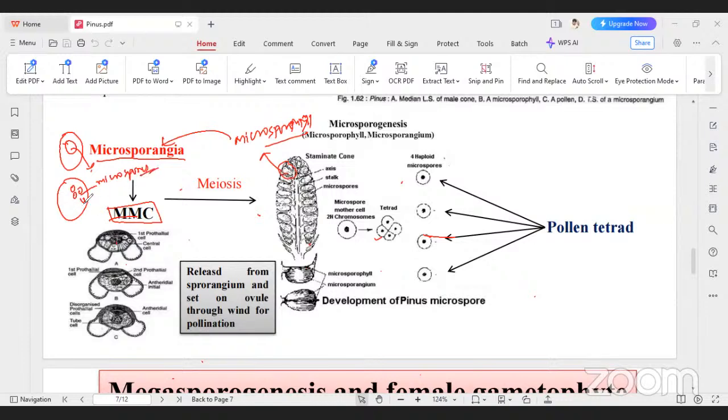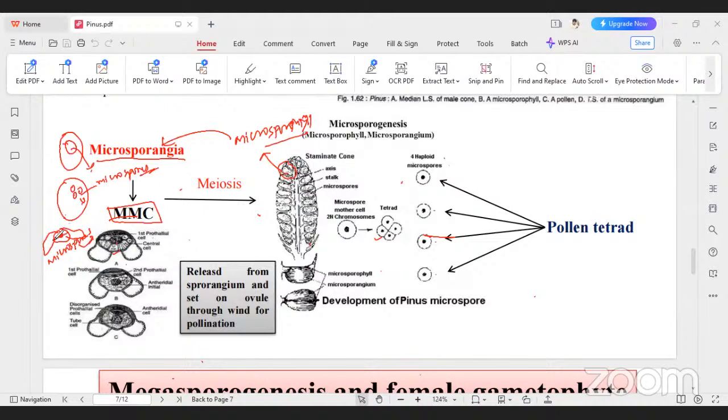After formation, the microspore structure is a single winged cell like this. This is the continuation of the diagram. What happens? Inside, at first there is one nucleus.